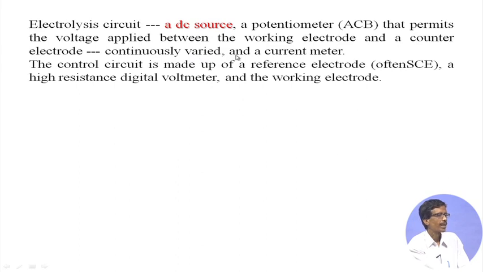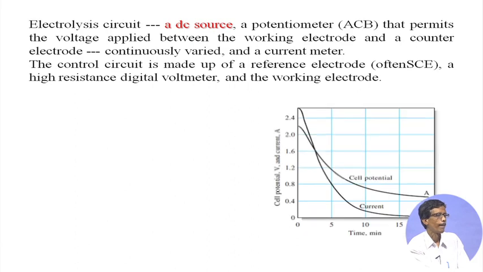That means the maximum amount of current can flow through the counter electrode or the auxiliary electrode only, and your reference electrode will not sense much current. Otherwise the electrolytes present in the reference electrode will change due to the electrolysis given by the current flowing through the reference electrode, which we should avoid.